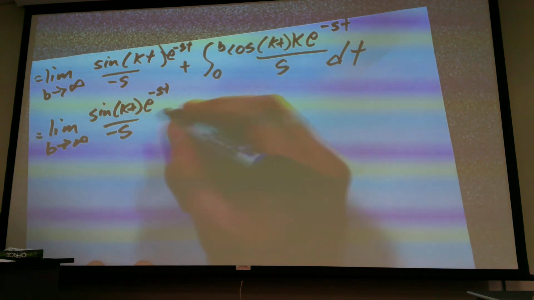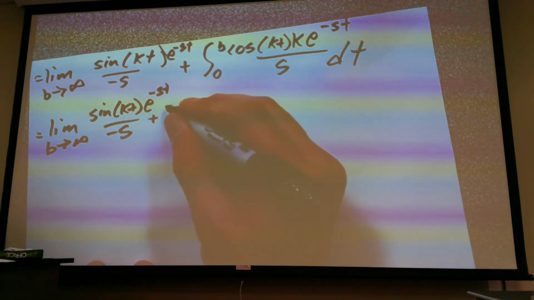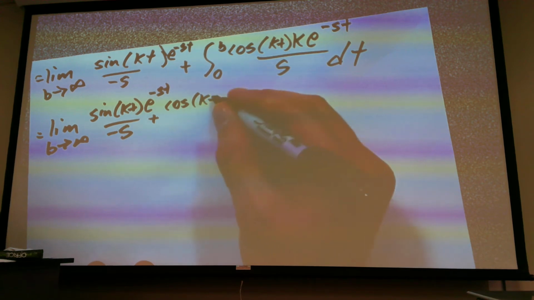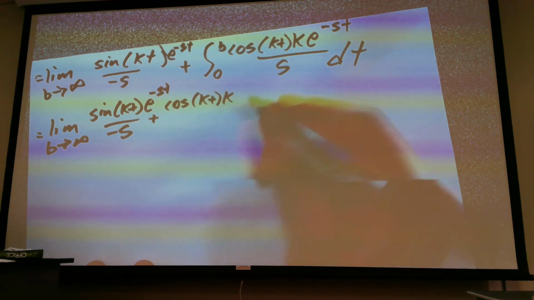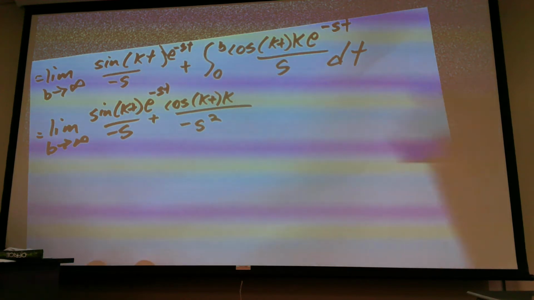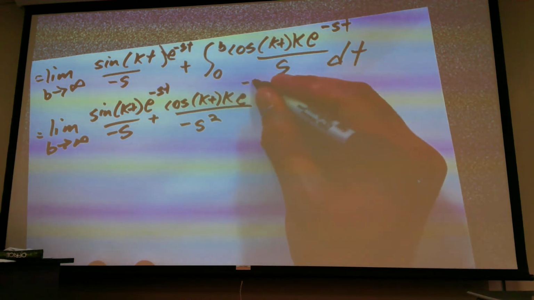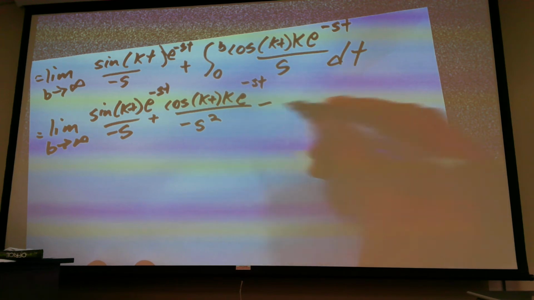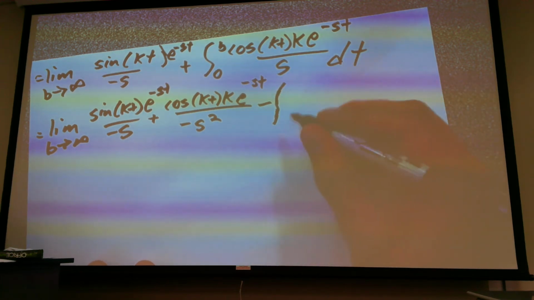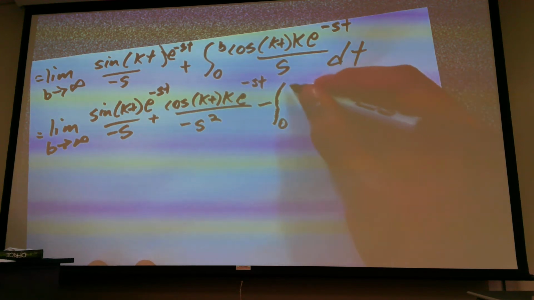So, all right, so cosine of kt times k, now write it like this, negative s squared e to the minus st, okay? And we have a minus coming from the integration by parts. Okay? That's going to be 0 to b.